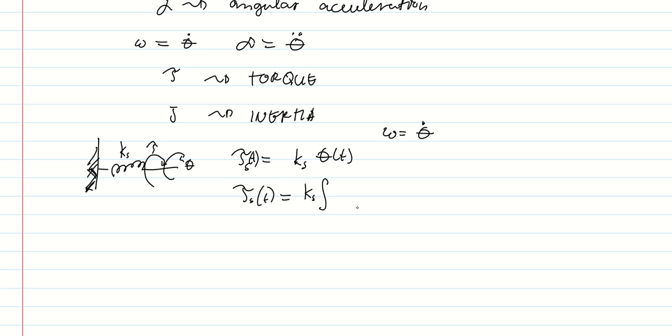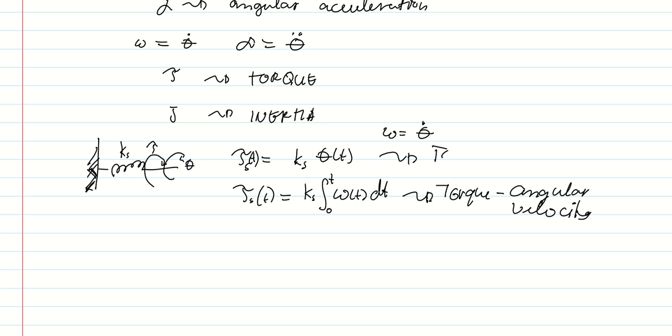So theta is equal to the integral of omega dt from 0 to t. So this is if your output is the angular velocity. You use the other one if it's input torque, output angular displacement.